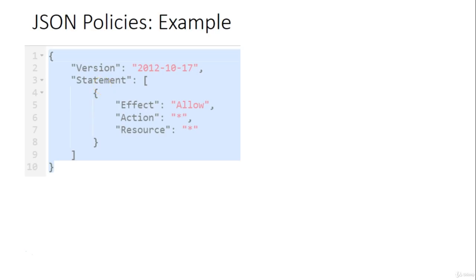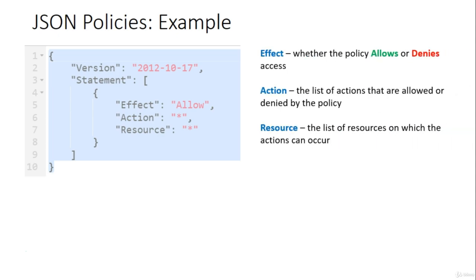If you remember, in the last slide we have already discussed. Just for your reminder, they are effect, action and resource. So effect is allow here. You can have another value as deny, whether the policy allows or denies access.